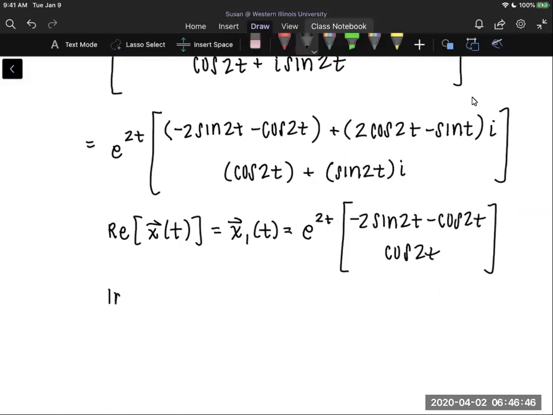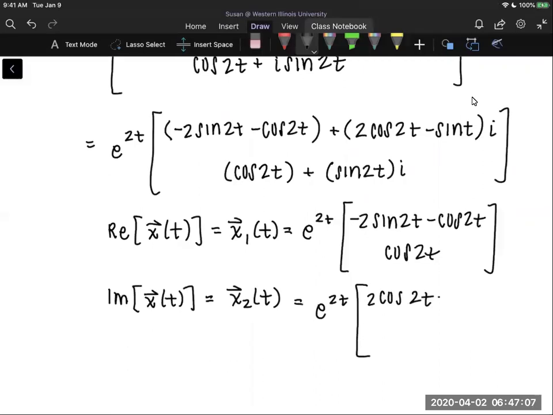And the imaginary portion of x of t, we're going to call x2. That's our second solution. We have our e to the 2t, and then we get our 2 cosine 2t minus sine t, and our sine of 2t.